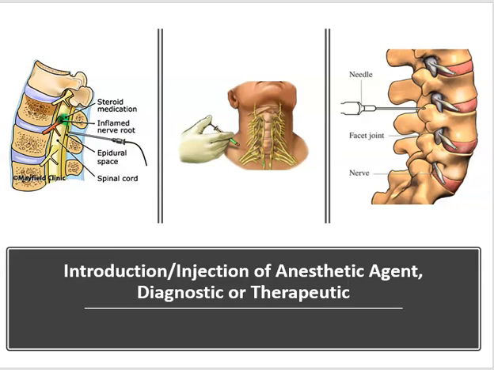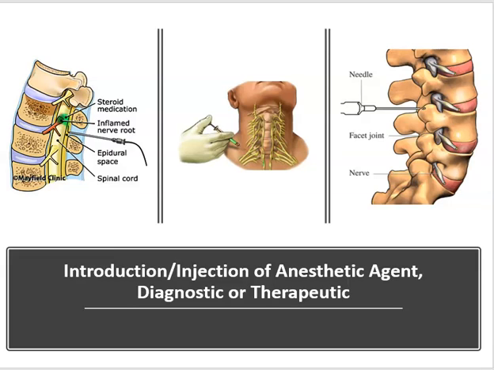Those are codes 64479 to 64484. Those are codes for epidural steroid injection, and those are actually performed to reduce the inflammation and pain that is associated with nerve root compression.